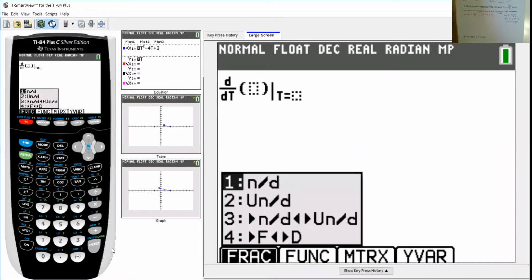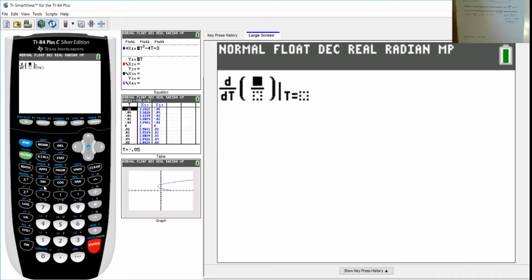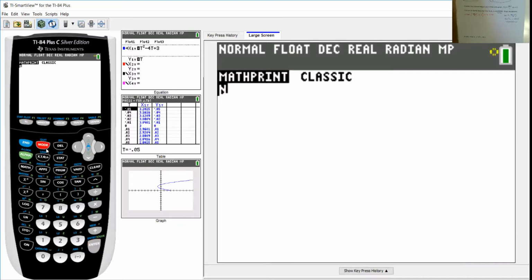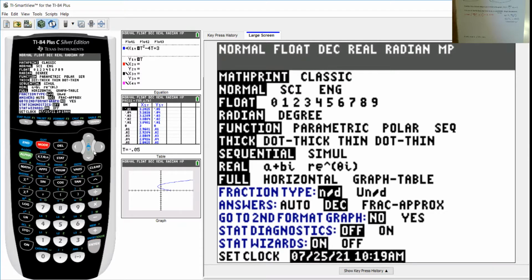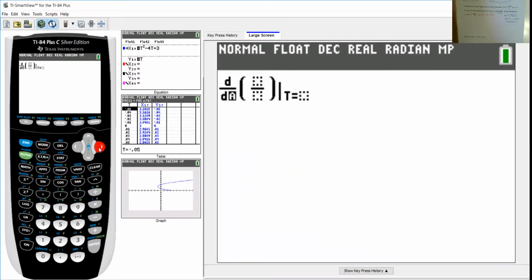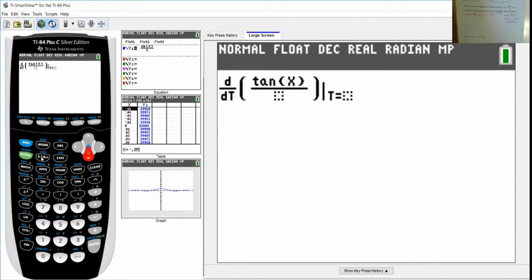I was checking that it's in radian mode. Tangent of x, close that parenthesis, over x with respect to x.